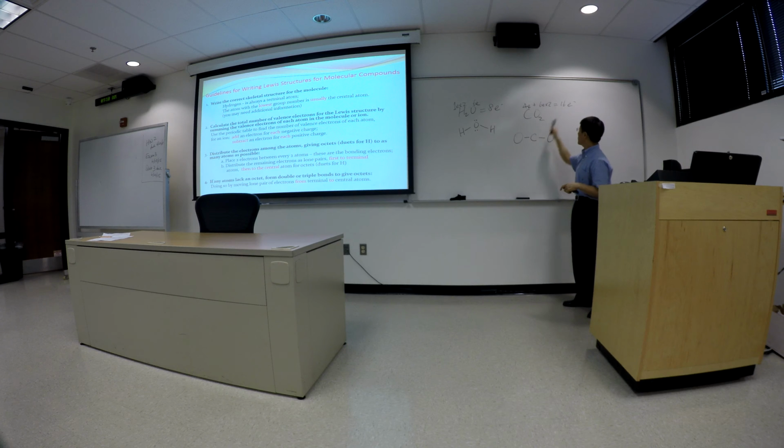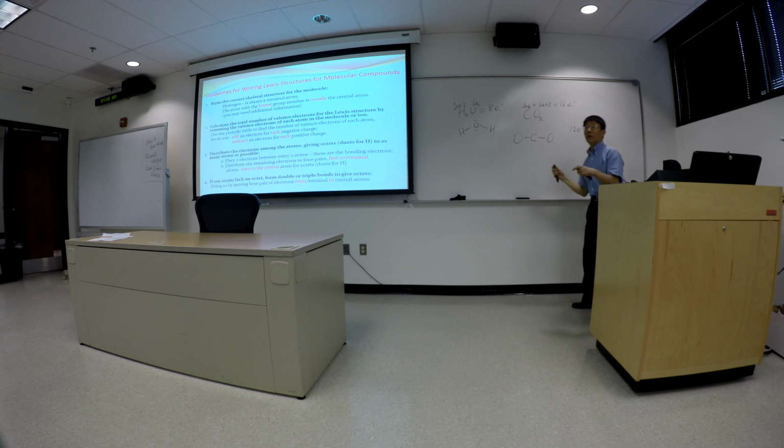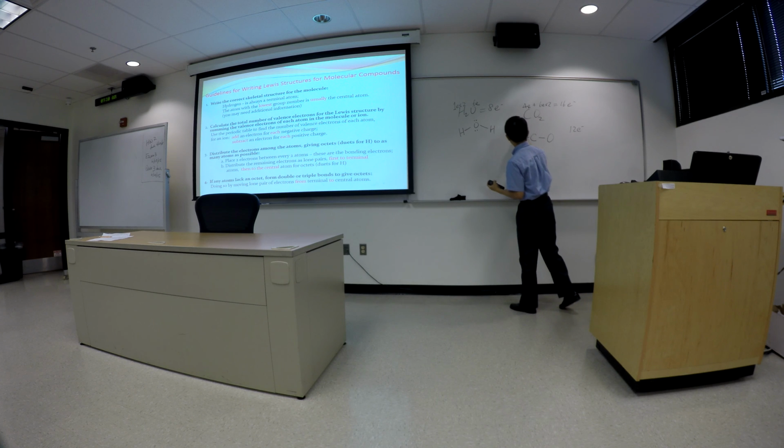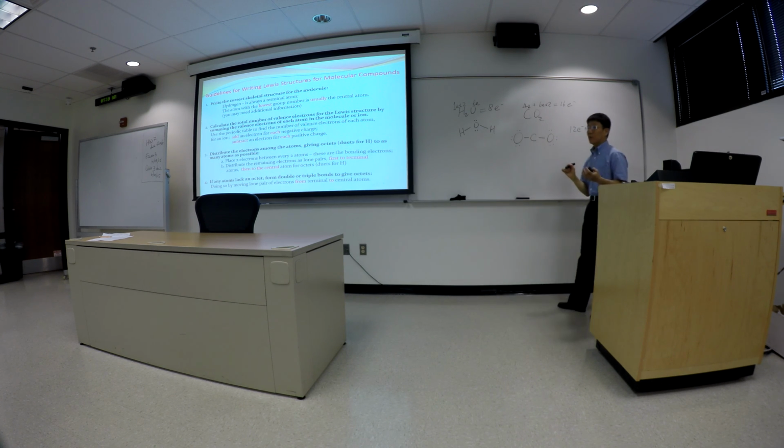So out of these 16 electrons, we've used 2 here, 2 here. We have 12 electrons remaining. According to the guideline, we distribute these 12 electrons to the terminal atoms first. Each one needs to have 8 electrons. So 2, 4, 6, 2, 4, 6. Total of 12 electrons completely used. Now you look at the structure here.